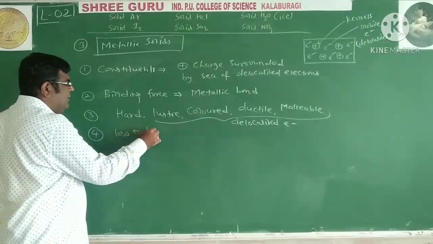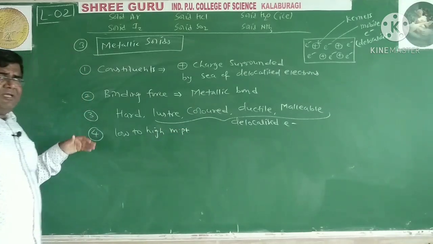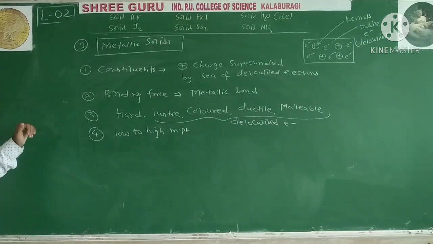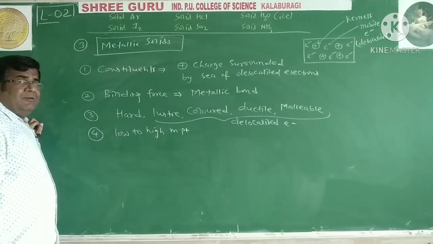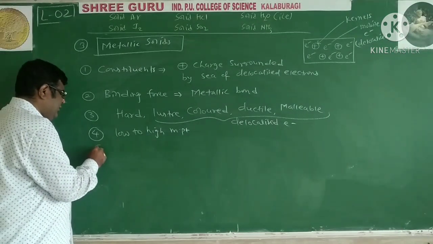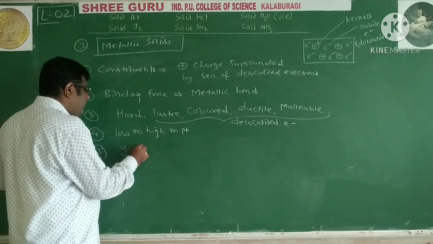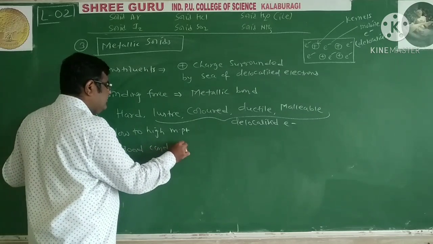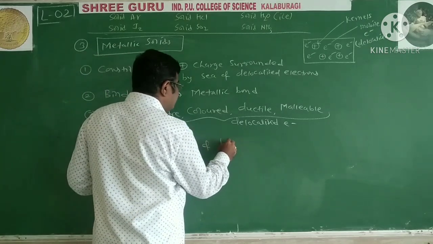Low to high melting point. Some metals have very high melting point, some have very low melting point. Just like gallium has a low melting point, but tungsten has a very high melting point. So there is a range in melting point. Good conductors of heat and electricity.